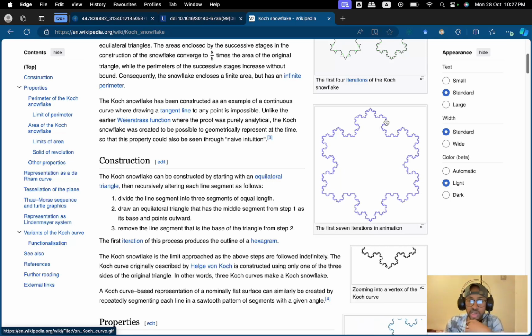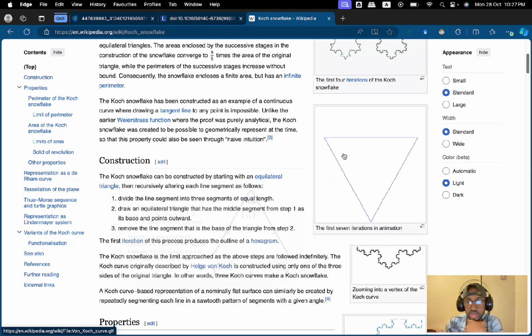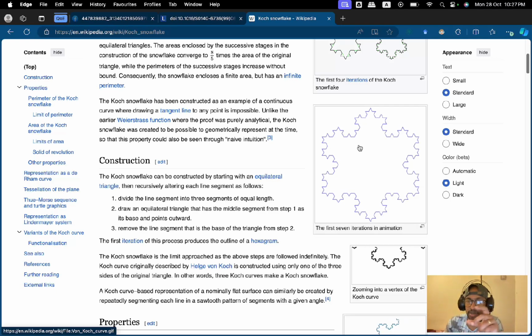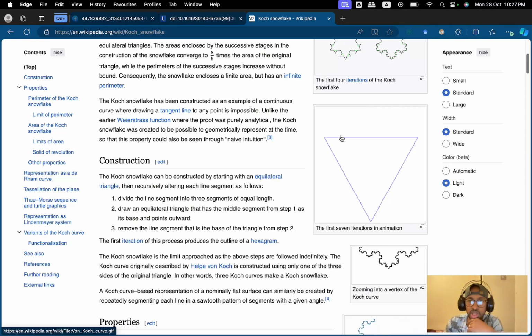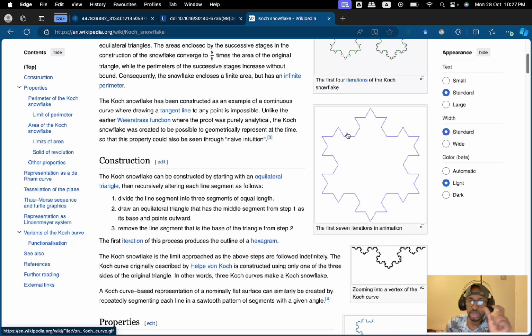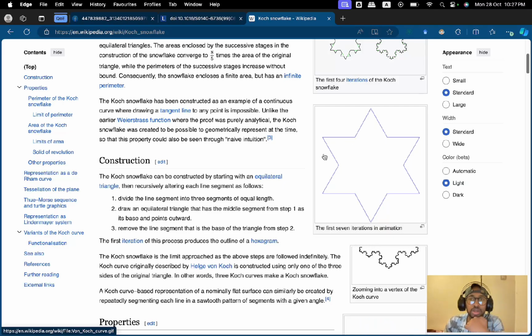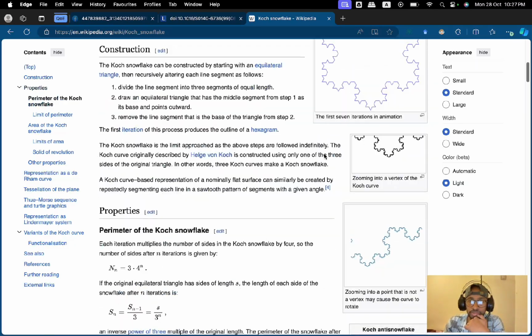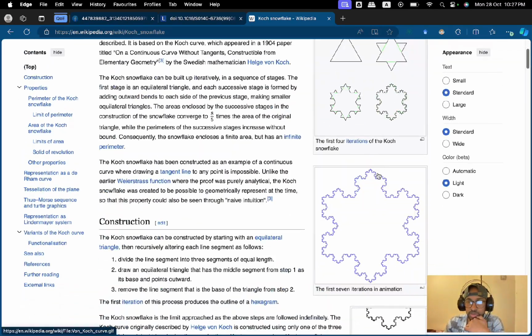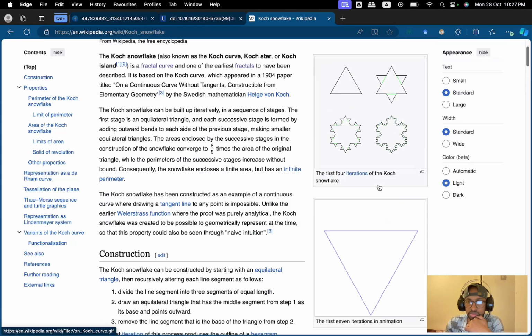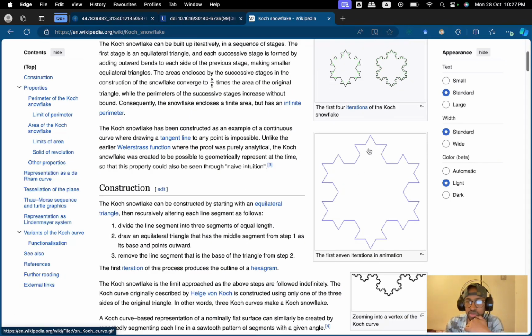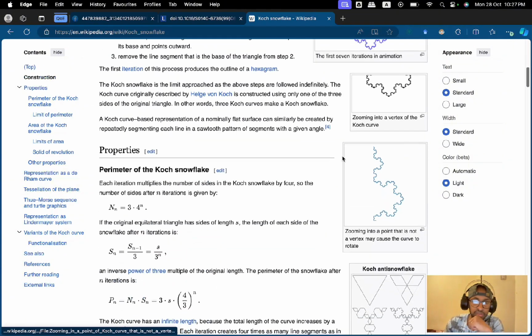Since we are rendering on the screen, we have to limit the depth. We can't go into infinite depth because ultimately the dimension of a segment will be less than the size of an individual pixel. That's basically the operation: we have a segment, we subdivide each segment, and then we get this snowflake.